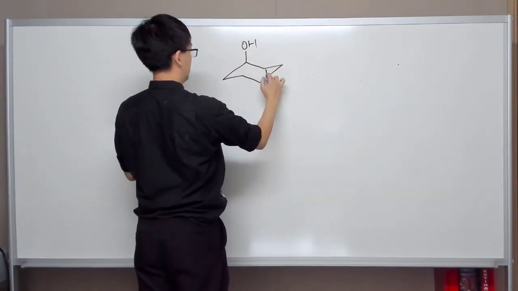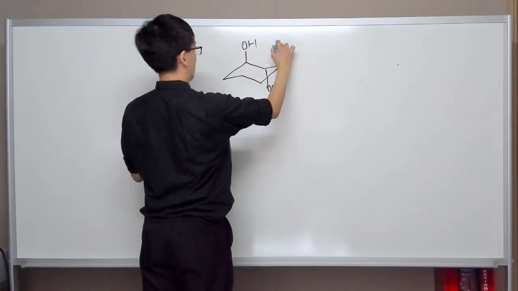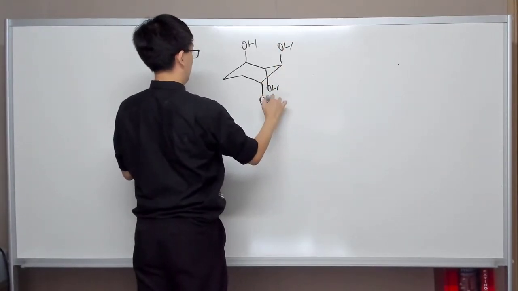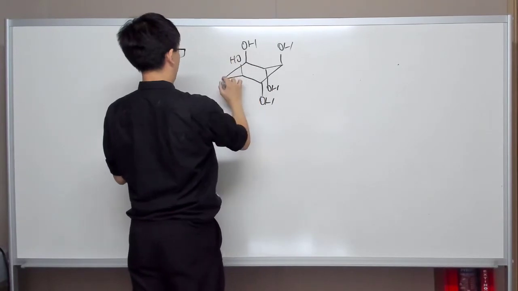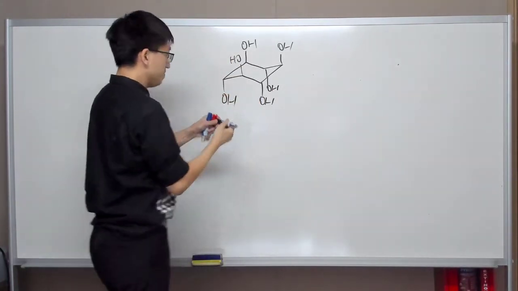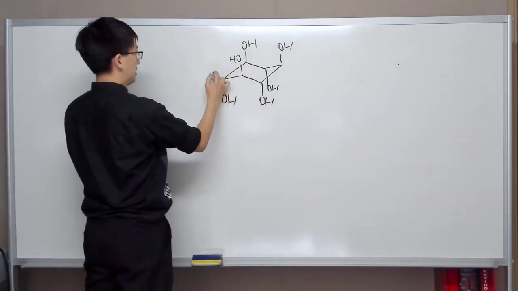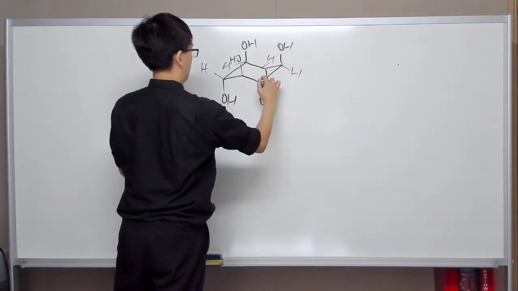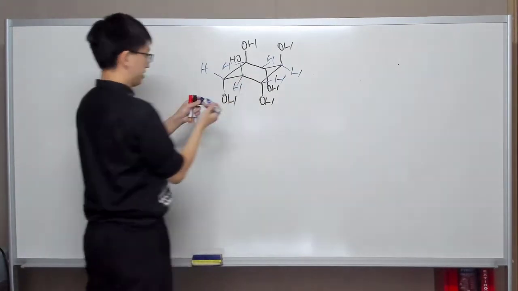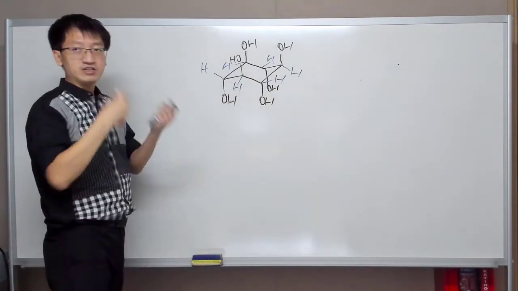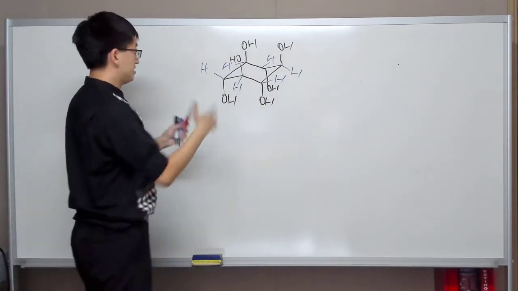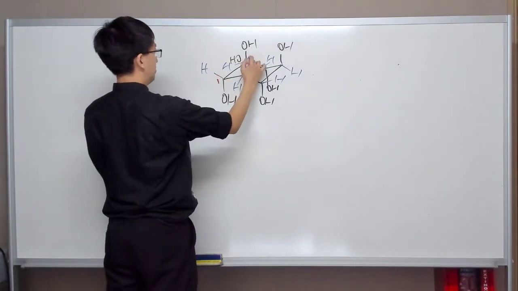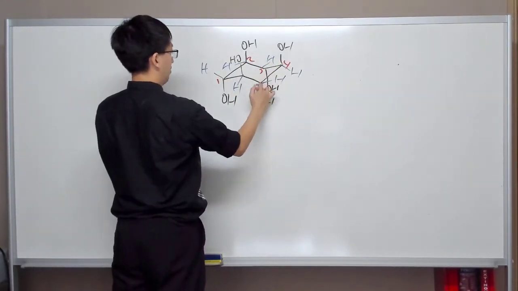OH, OH, and then we have the H pointing here, here. Now we can try to number the carbon. It's really up to you how you number it. 1, 2, 3, 4, 5, 6.